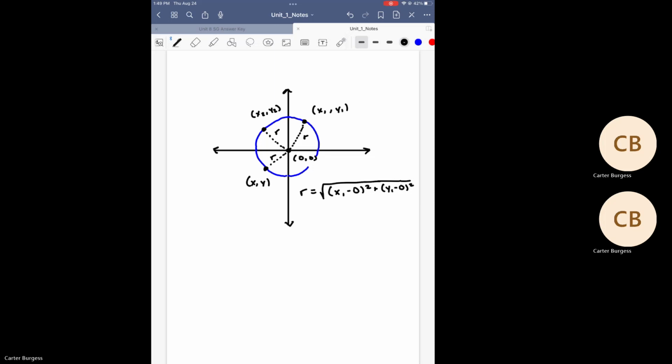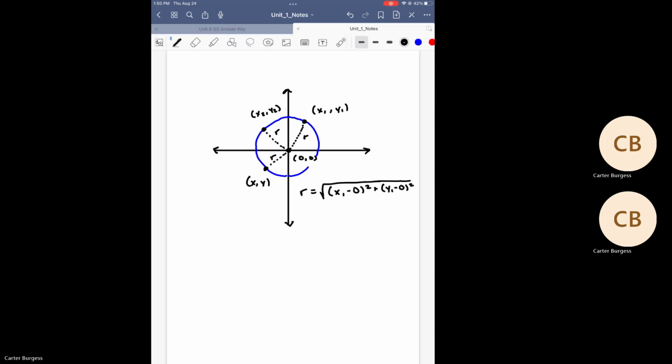So let's let x and y be some generic point on our circle. So instead of a specific x1, y1, we're looking at the generic x and y, which are just all possible points on our circle. The way we actually define points on a circle in a more algebraic sense is think of a circle itself as the set of all ordered pairs that are a fixed distance away from the center.